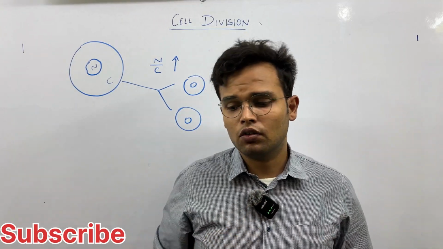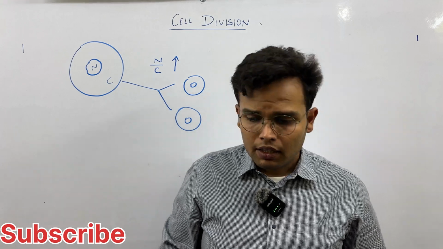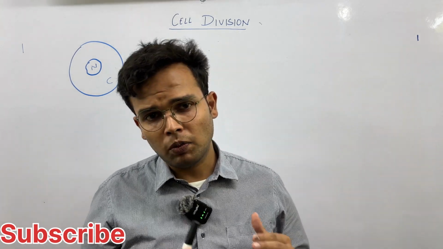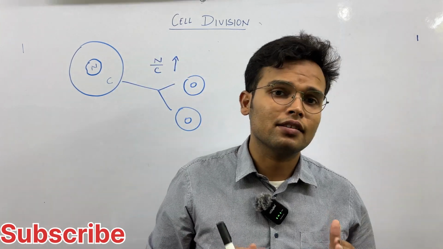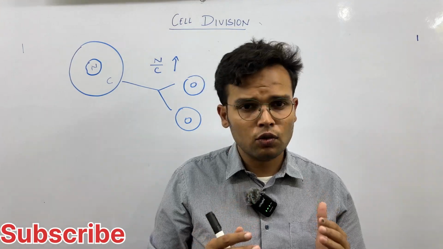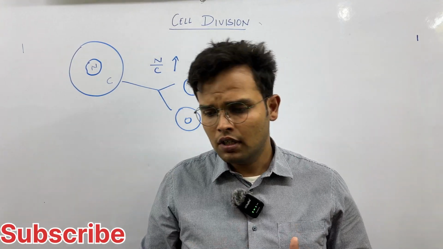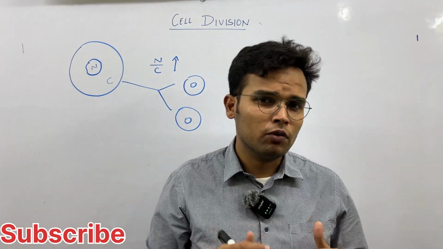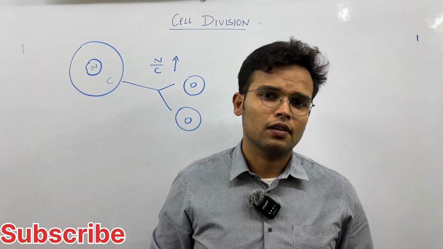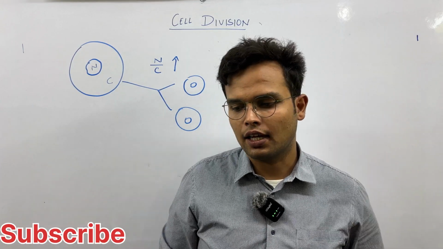So I was talking about the cell cycle. It is the event by which a cell duplicates its genome, synthesizes its main constituents, and ultimately divides to form two daughter cells, and that's what we call the cell cycle.